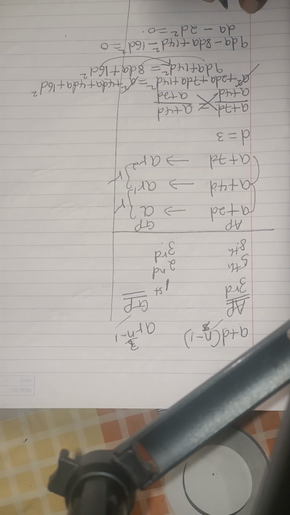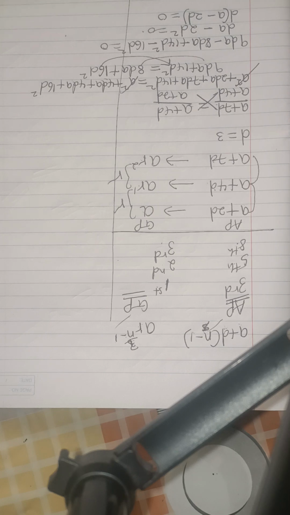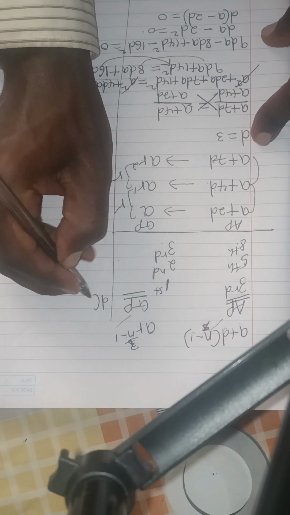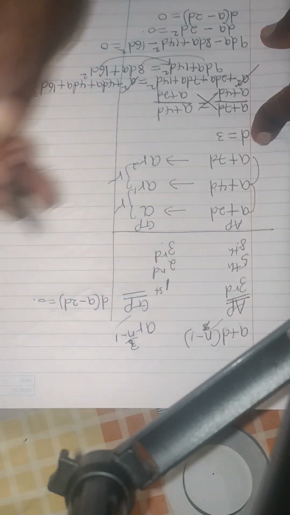Then we can factor out d, so we shall have d into a minus 2d. That should end up giving us 0. So d times a, da, d times 2d, 2d squared. So we have d into a minus 2d equal to 0.